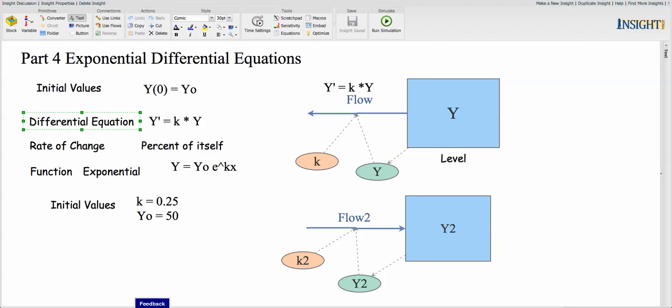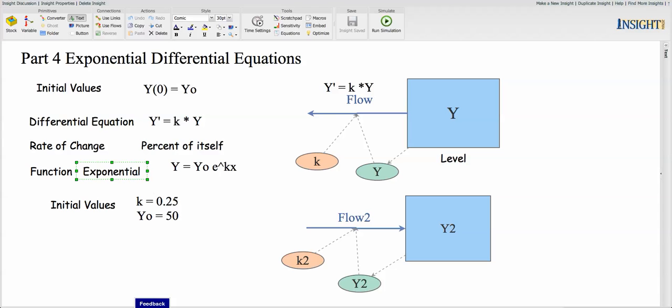The differential equation in this case is y prime equals k times y. And so the rate of change is a percent of itself. The rate of change is a percent of y.